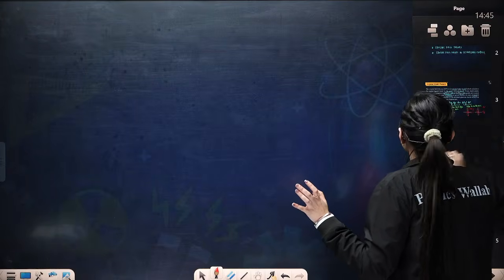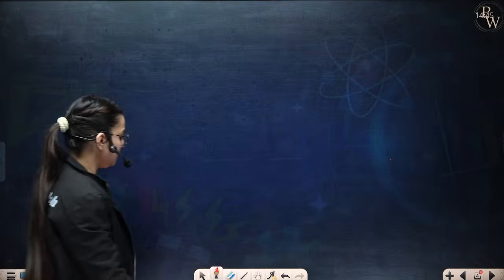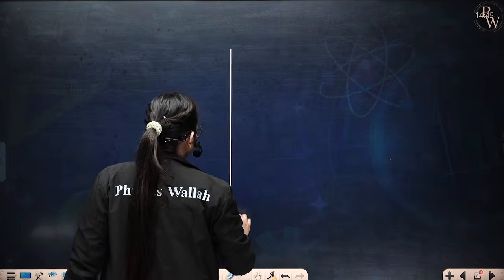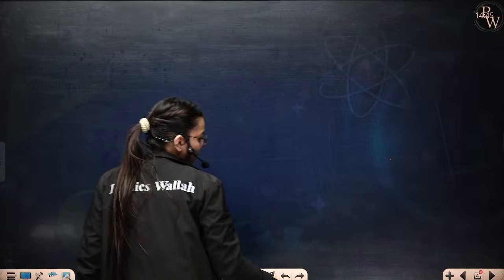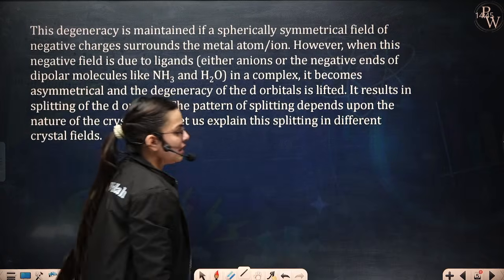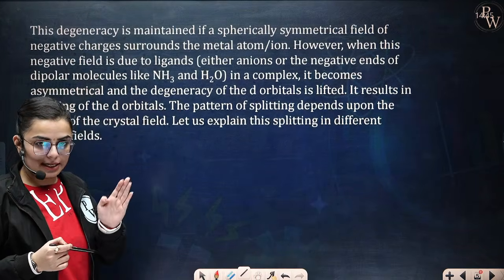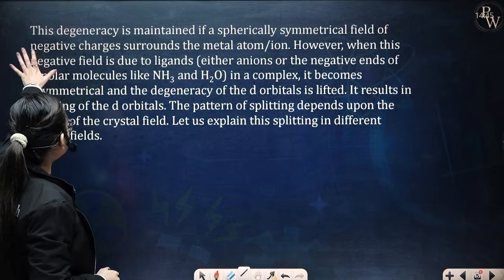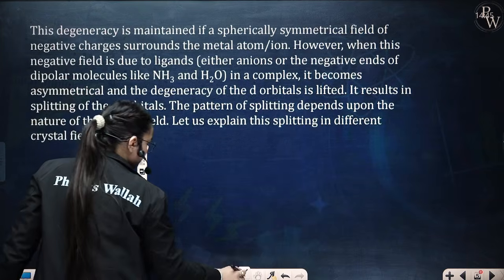As I have told you about all the shapes, now we will be drawing this structure. First of all, see this line, then we'll draw an octahedral shape and I'll show you the x-axis, y-axis and z-axis all together. What do you refer to as degeneracy?